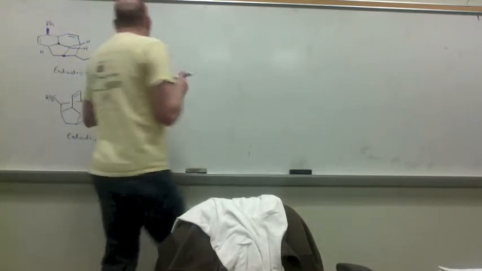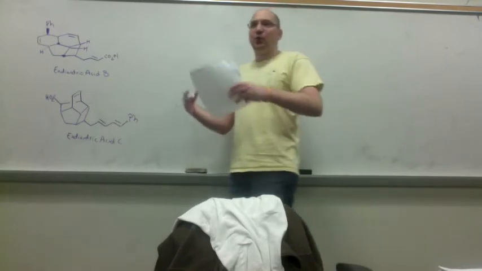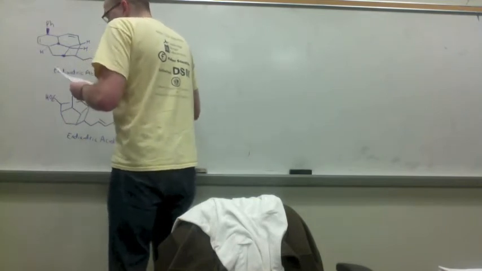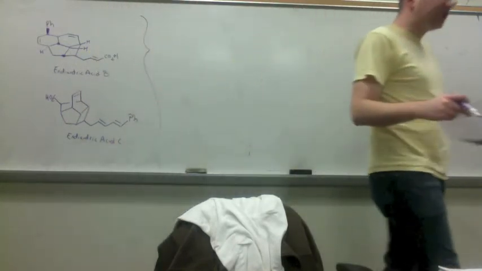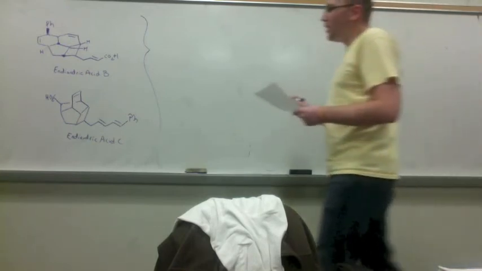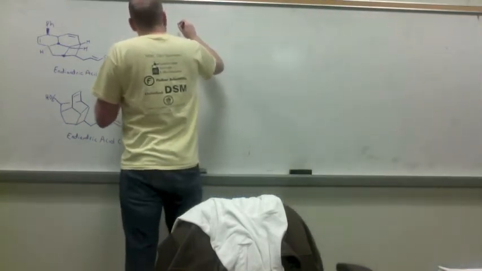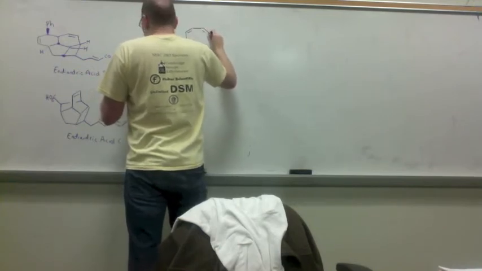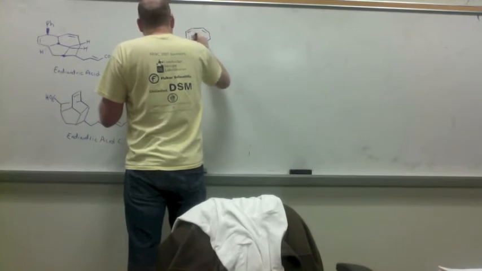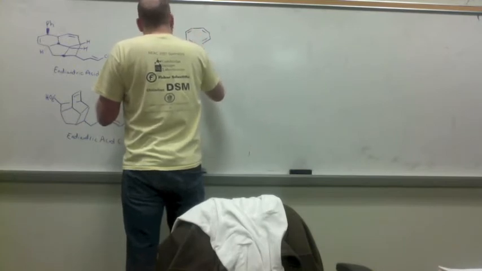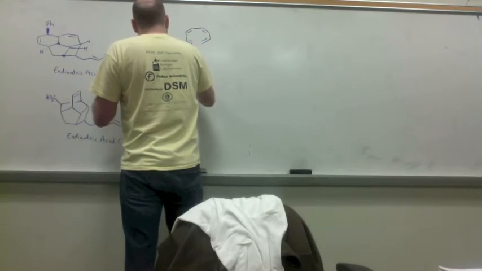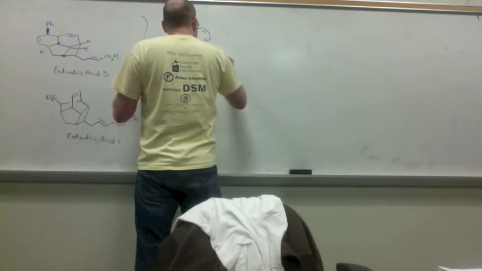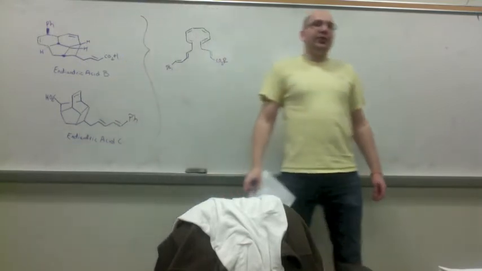What we're going to see is that both these molecules, in addition to the whole class in general, can all come from a much simpler starting point. At least the hypothesis was that they're both going to come from this molecule here.